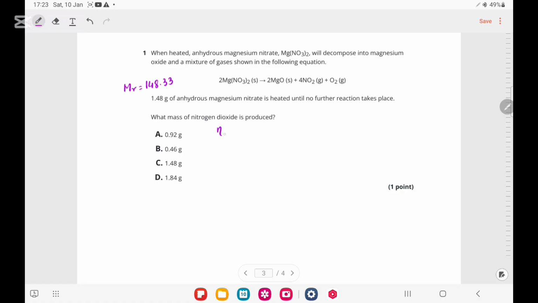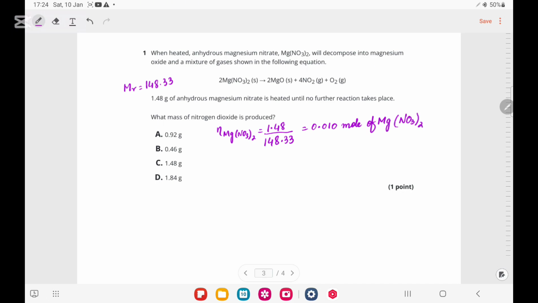So mole of magnesium nitrate is going to be mass divided by molar mass. Mass is 1.48 divided by molar mass, that is 148.33, and the answer comes out to be 0.010 mole of magnesium nitrate.